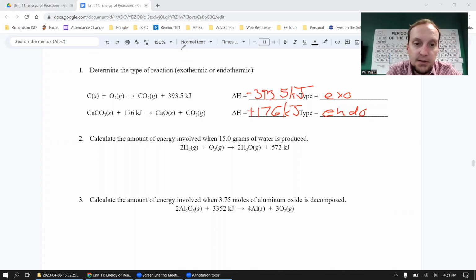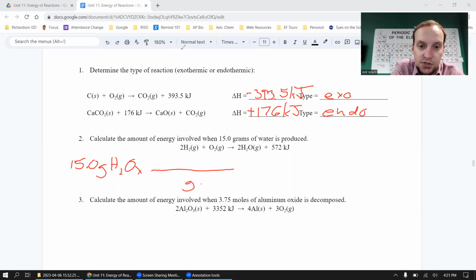So calculate the amount of energy involved when 15 grams of water is produced. So what I'm going to do is take, as always, 15 grams of water, H2O, and move my grams of H2O down here. Then I need to go into moles of H2O because we cannot go directly from grams into kilojoules.